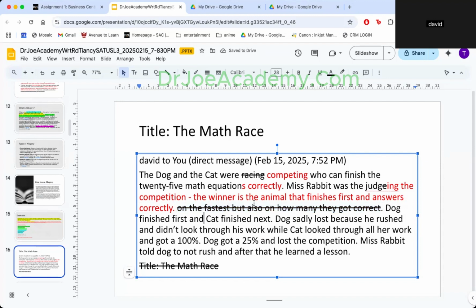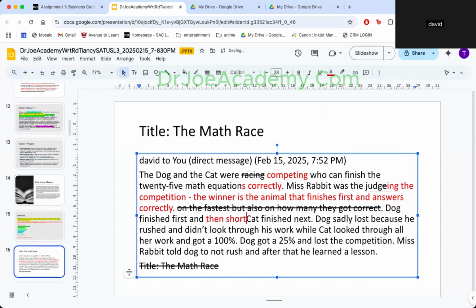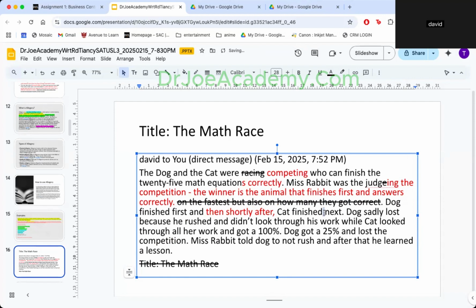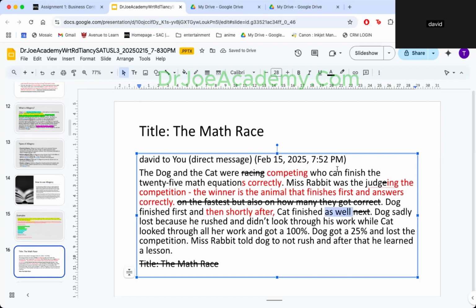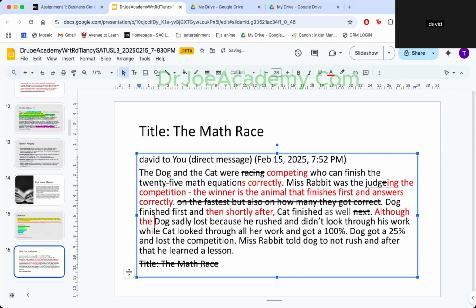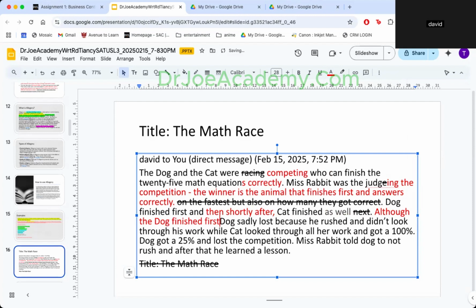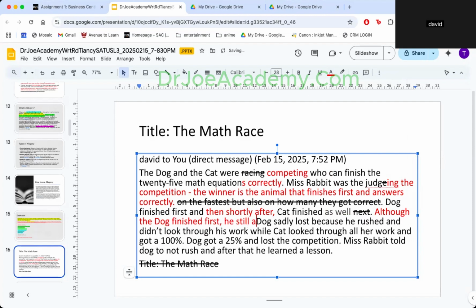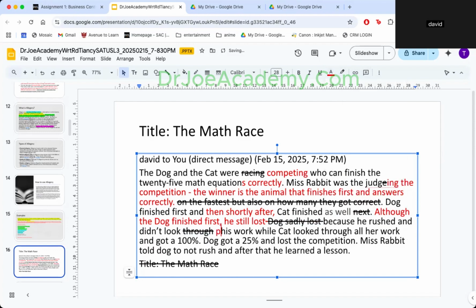Dog finished first and then cat finished shortly after as well. Although, so we have to say although, like even though, although the dog finished first, he still lost because he rushed and didn't look over his work while the cat looked over hers.